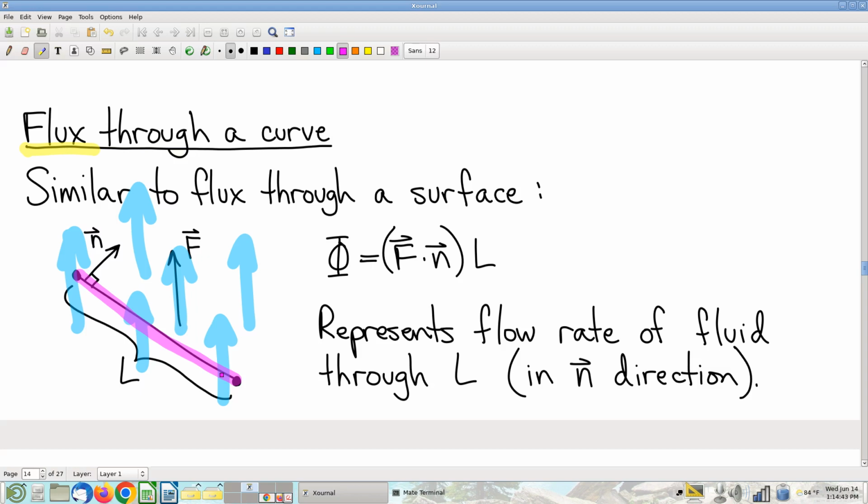So instead of thinking about volume per unit time or mass per unit time of water or air or whatever that's flowing through a surface, we might think about a migratory pattern of wildebeests, and for whatever reason you want to know how many wildebeests per unit time are passing over some arbitrary line on the map. Does that make sense?